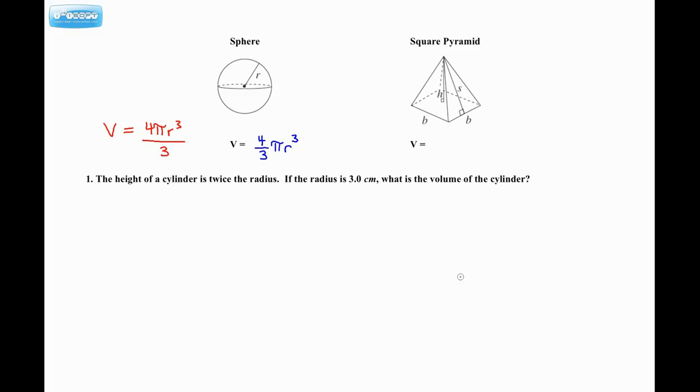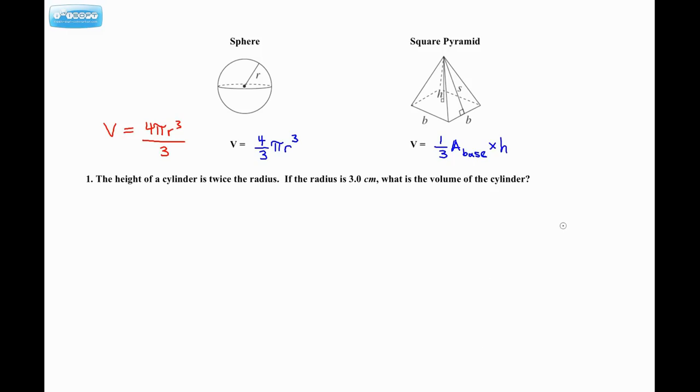The volume of a square pyramid, it's very similar to a cone. So it is 1/3 times the area of the base. In this case, that's just a square. Times the height.